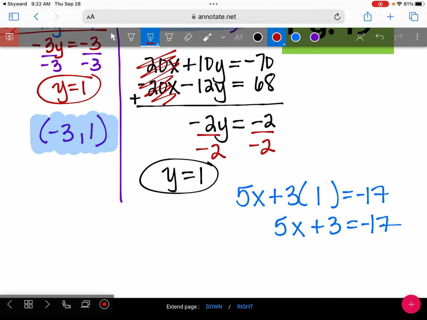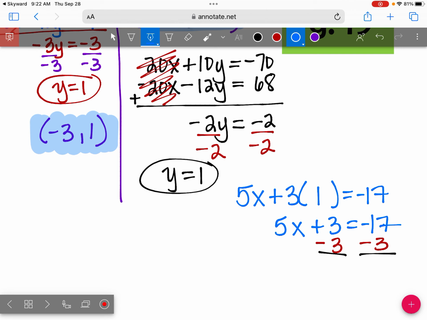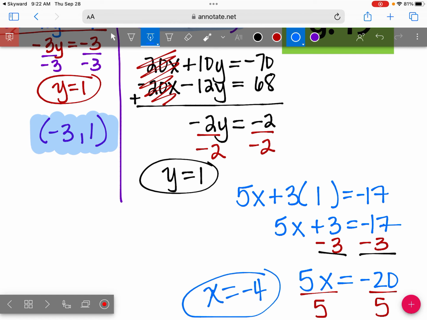Subtract the 3. 5x equals negative 20. Divide by 5. And you should get x equals negative 4. So your solution would be negative 4 and positive 1.